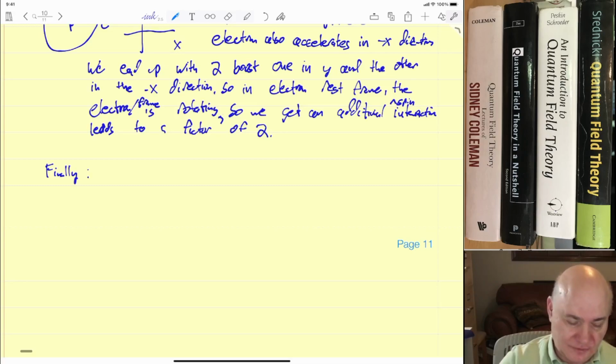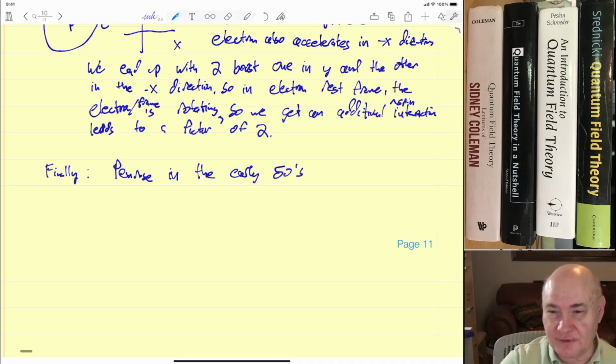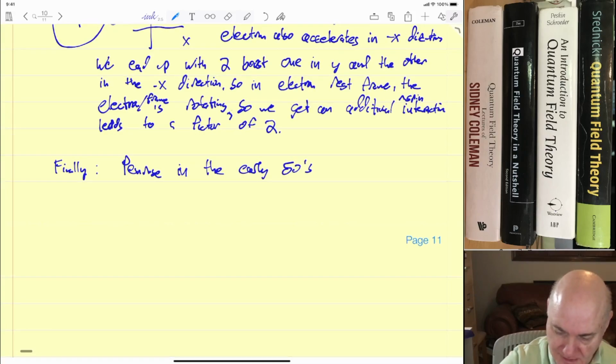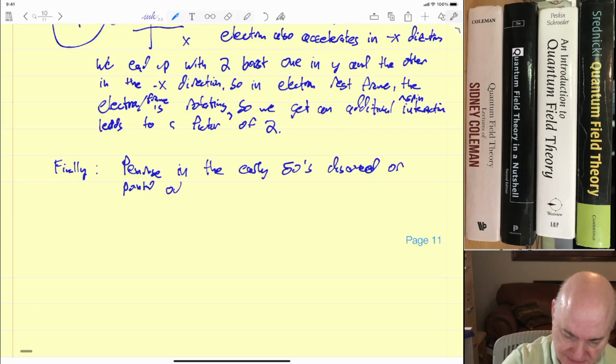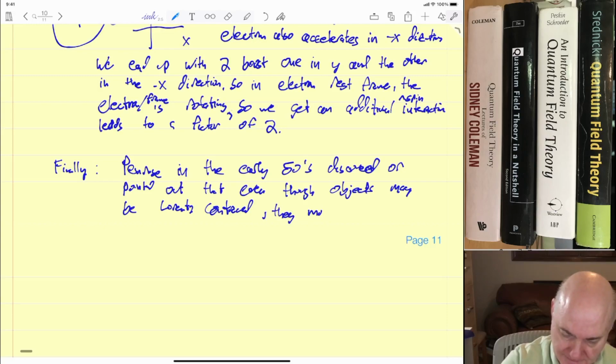Penrose was the first to observe, I think in the early 50s, and I'm not saying he was the first or the only one, but he's certainly the most famous one who made this observation, that even though objects may be Lorentz contracted, and this is a real physical effect, they may not look that way. We might not see them that way.